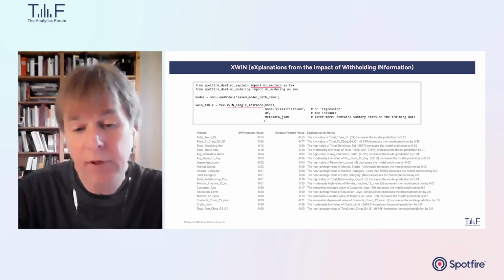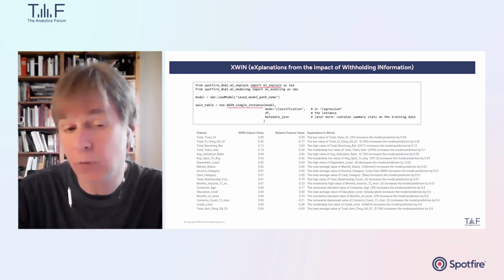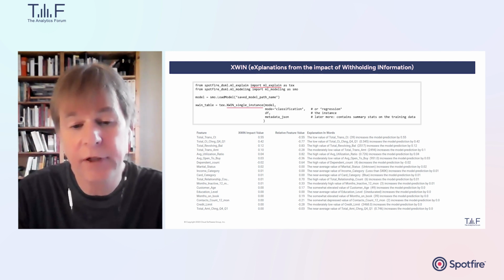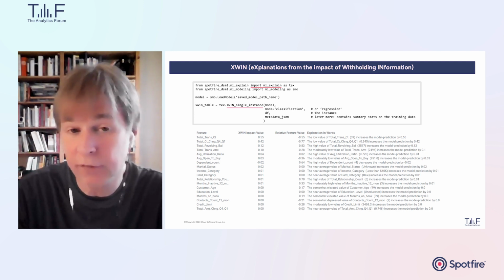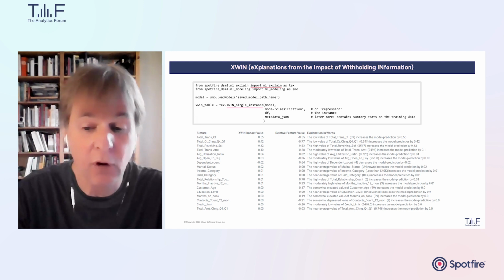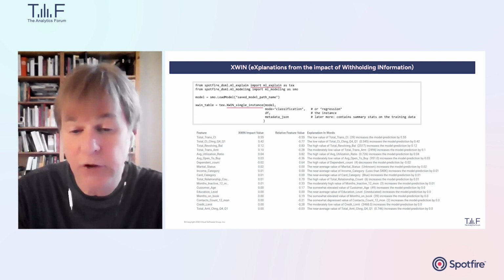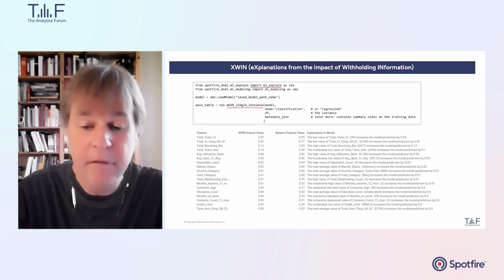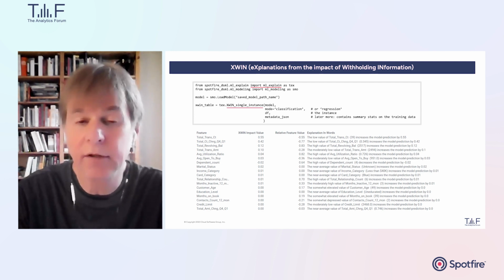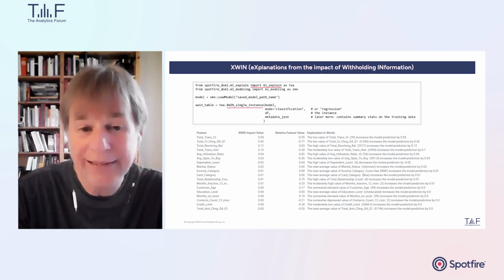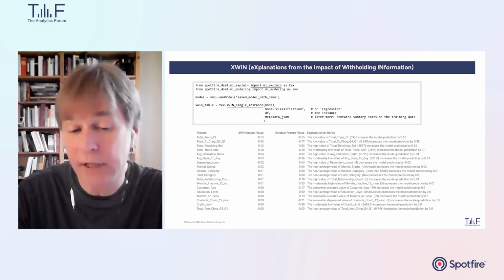Besides the XWin impact values, it also returns some other information. Specifically, it returns relative feature values that indicate whether the value of a feature for this instance is on the low side or on the high side, measured against the training data. It gets this information about the training data from an input metadata JSON that contains summary statistics of the training data.